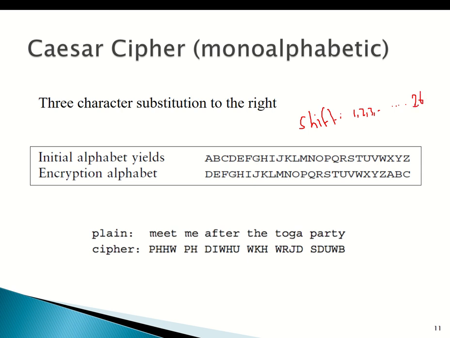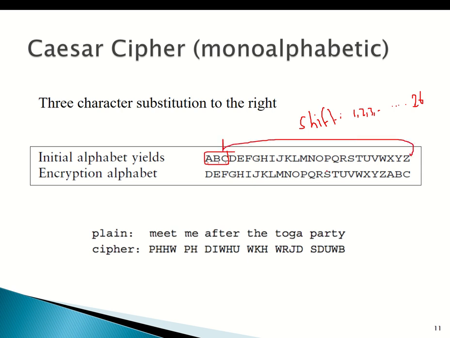You have 26 letters. Choosing a larger shift does not make the algorithm more complex. It's a very simple one. If we choose 3 characters, that means we move the A, B, and C, the first 3 characters, to the end. We make a shift for them.